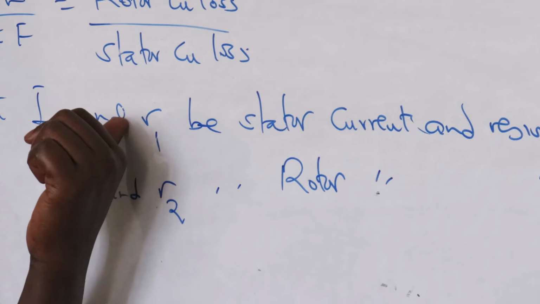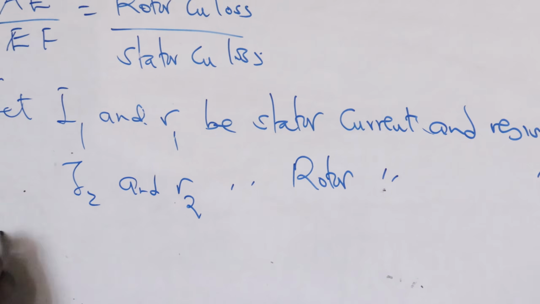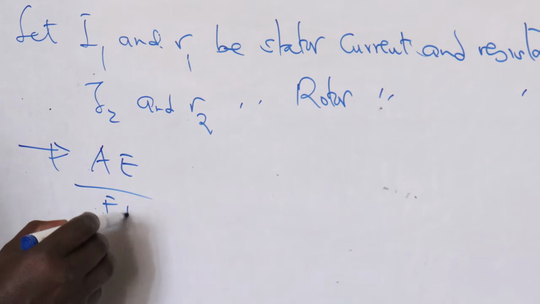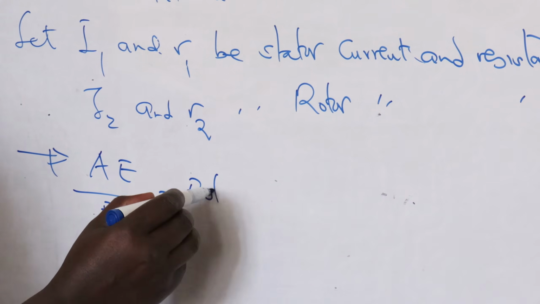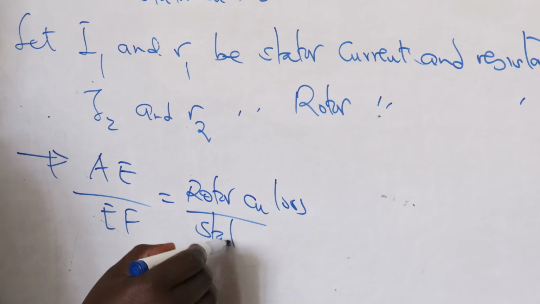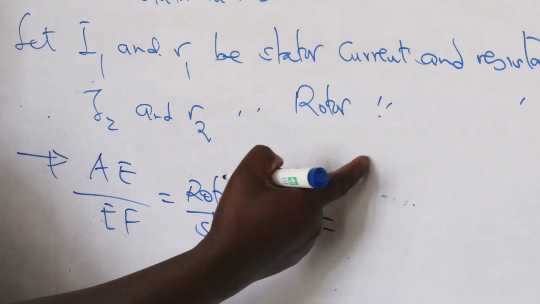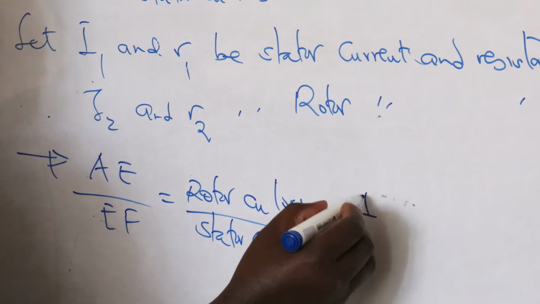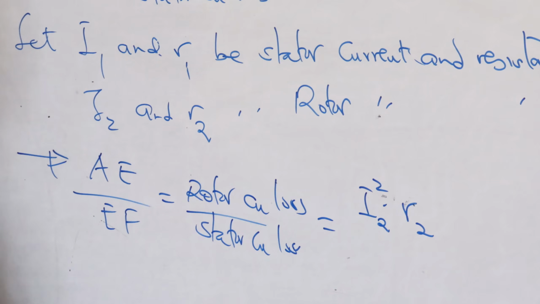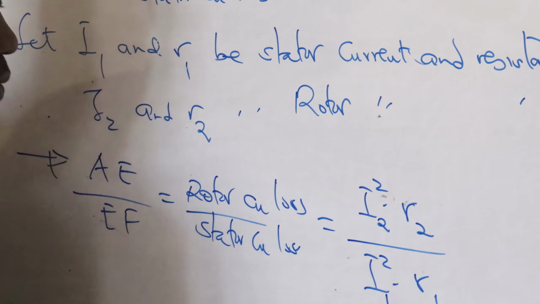Can we get the stator copper loss? And therefore we can say that A to E over E to F is equal to rotor copper loss over stator copper loss, which is equal to I2 squared R2 over I1 squared R1.